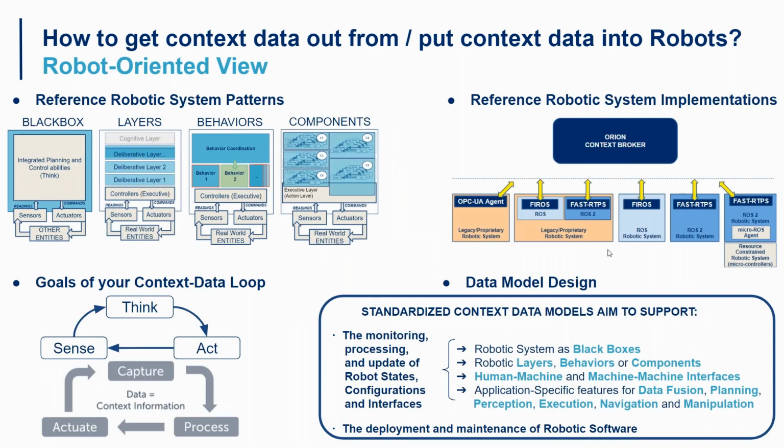The second view allows you to focus on the robotic system, and maybe you can enter from each one of these 4 aspects. You have your pattern, you have your implementation, and now your problem is to develop your accurate data model and to specify the goals of your loop.